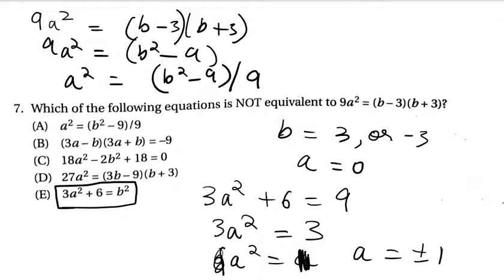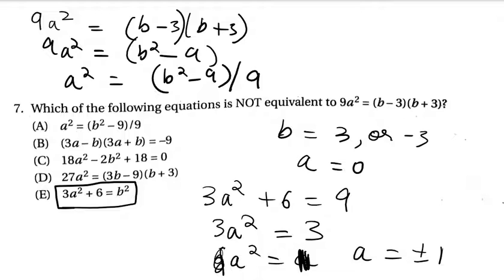Simply because that's the only one where you are not getting B as 3 or minus 3, right? When you put 0 in A, all the 4 equations A, B, C, D are equivalent to that given equation, but the only one that is not equivalent is the E part, right? The first one is equivalent A, the B is equivalent, the C is equivalent, okay, the D is equivalent. It's very simple to find out, but the E is not equivalent. A is coming plus minus 1.